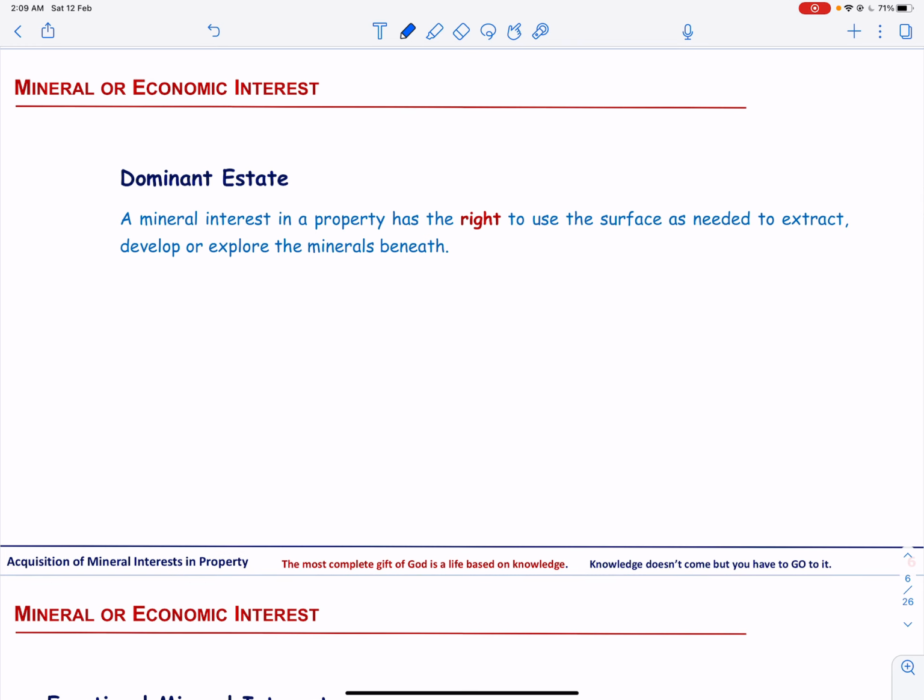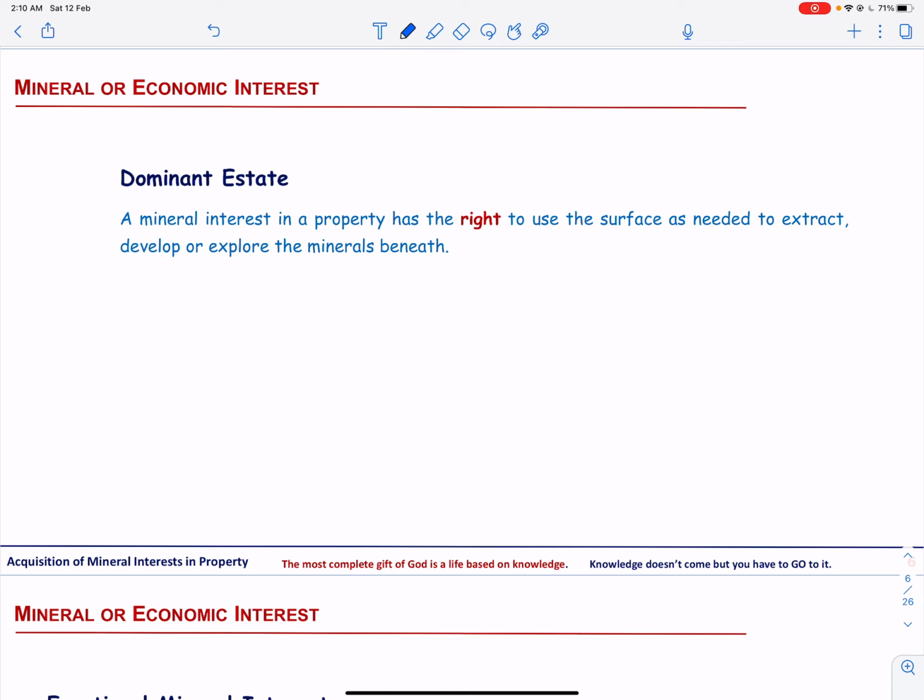The surface owner has the right to use the surface for farming, building a residence, building apartments, etc. If the mineral rights are owned by one party and the surface is owned by another, the surface owner must allow the mineral rights owner to explore and produce.